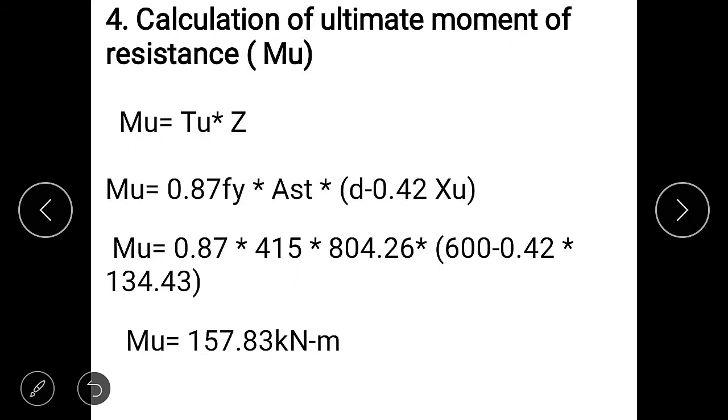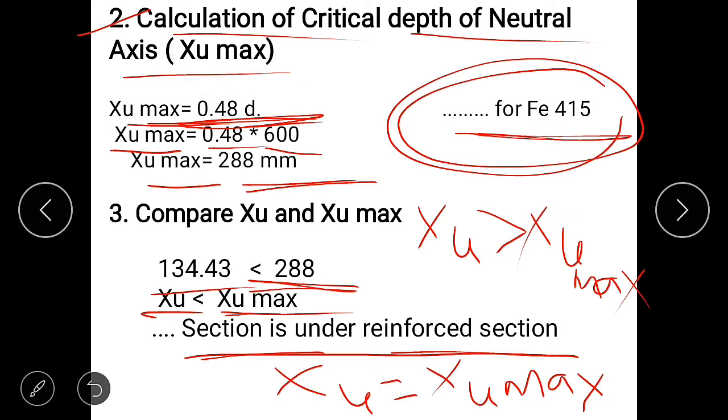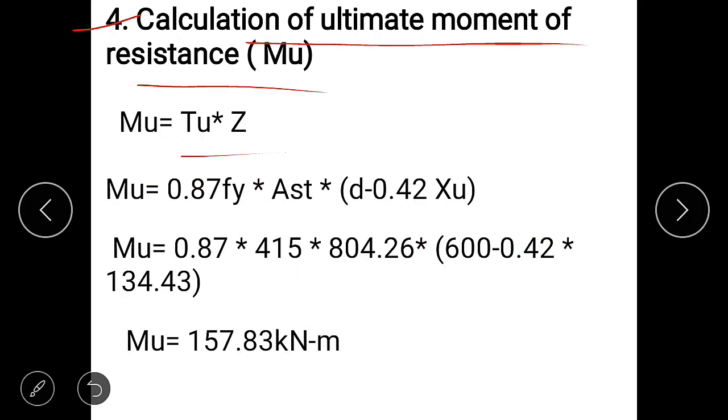Okay, so the next step, the fourth step, is the calculation of moment resistance. So Mu is equal to Tu into Z. This formula depends on whether the section is under reinforced, balanced reinforced or over reinforced.